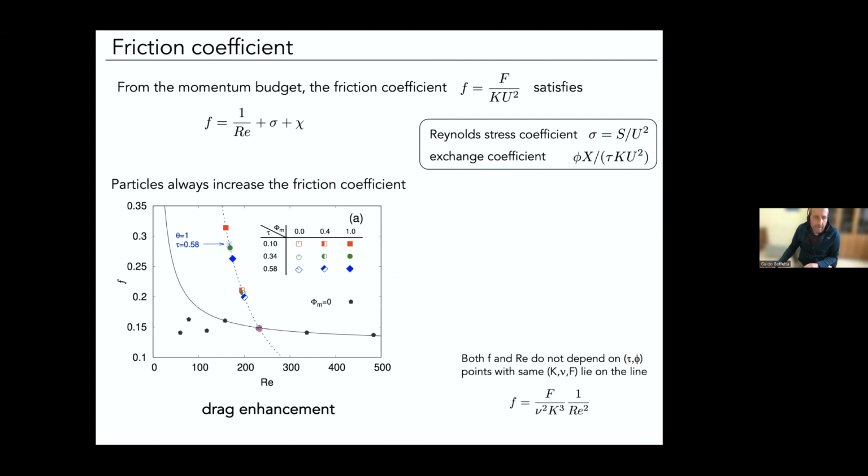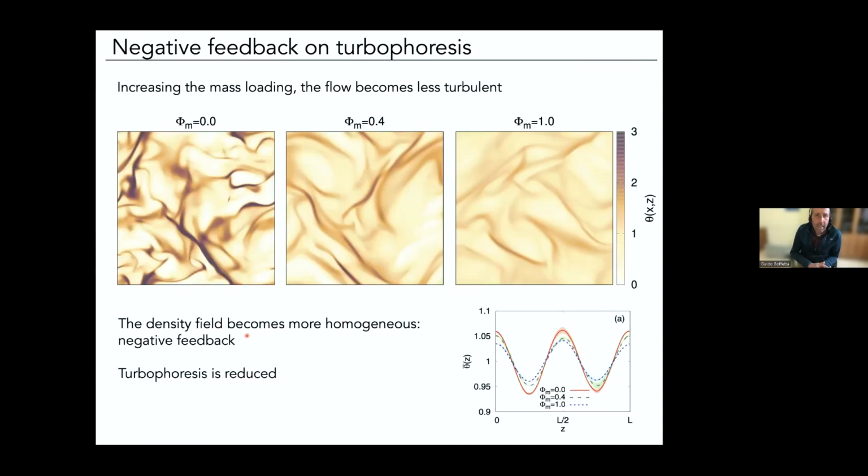All the simulations, which are done at the same forcing, same viscosity, same forcing scale, lie on this line, plotted here as a dashed line. So they can simply move along one direction. But they go to higher values of the friction at a given Reynolds number, so it means that there is a drag enhancement. And so the drag enhancement also reduces the turbulence.